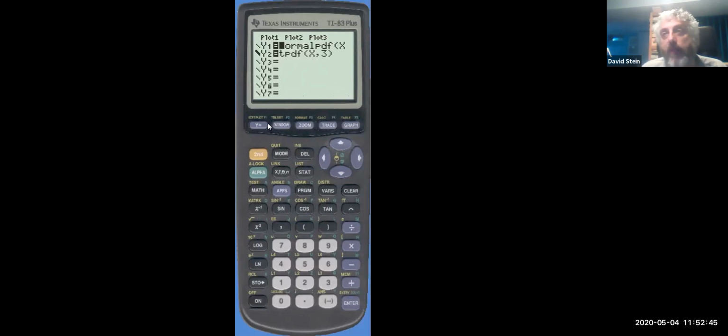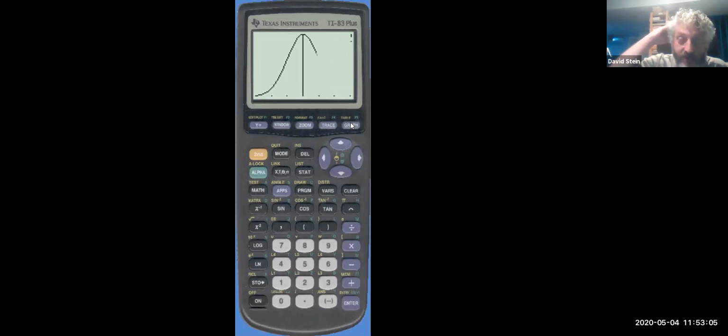But if I change this now to a lot of degrees of freedom, so 50 degrees of freedom, this would be a sample size of, I guess, 51. Let me show you what happens. If I could hit graph. There's our old friend, the normal curve. Here's the T distribution.